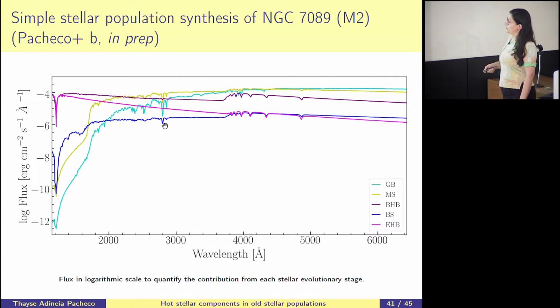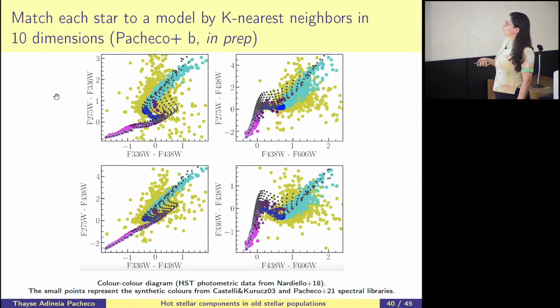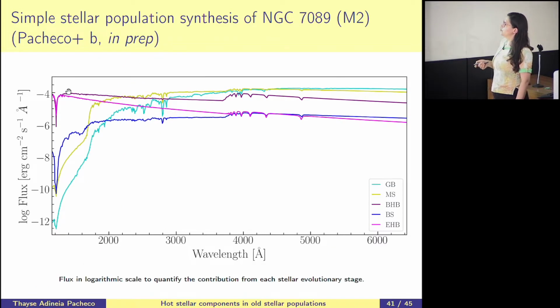Here we have a wide range of wavelength, and we can see that when we look at the ultraviolet, the light from giant stars in cyan and main sequence stars in yellow is almost zero. And as we saw in these previous color magnitude diagrams, the light from horizontal branch and extreme horizontal branch stars is dominating the light of the spectrum.